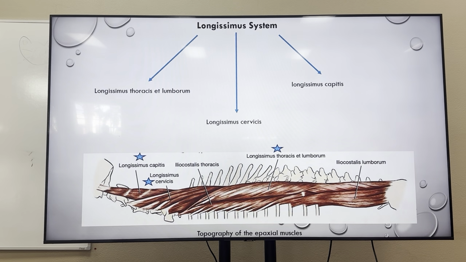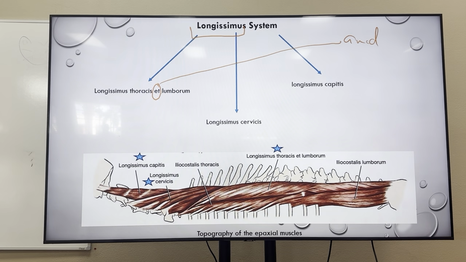The word longissimus means longest, and you might be thinking whether it is a mistake. No, it's not. It's longissimus thoracis et lumborum. This means "and", so if you like, you can replace it with the word "and". So longissimus thoracis and lumborum.